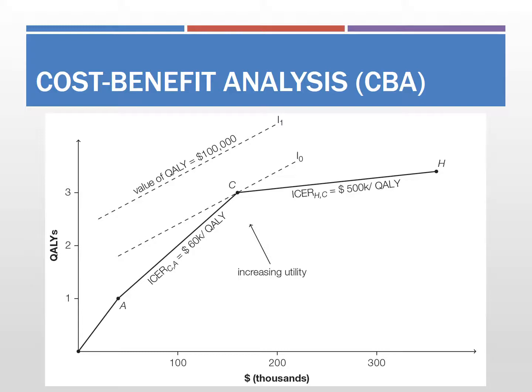The indifference curve will have only one point touching the cost-effective frontier, and that will be point C. So the indifference curve I0 is tangent at point C.